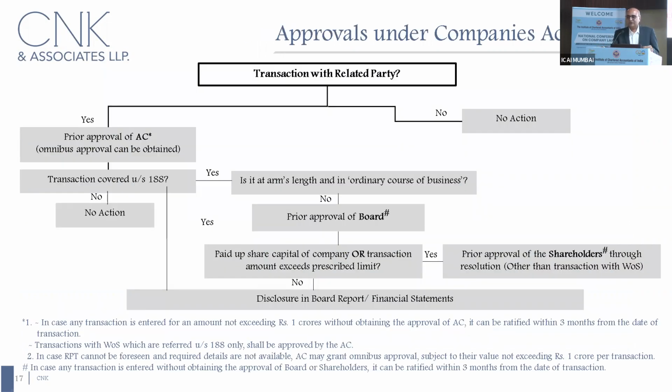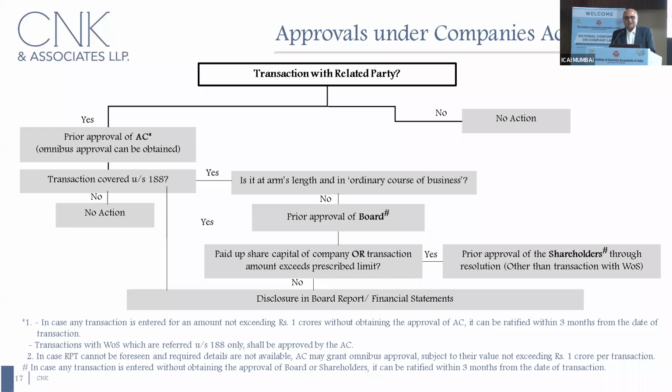But for all approvals under the Companies Act, we have made a tabular thing like this. So is it a transaction with a related party? If that is no, there is no action, which is fine. But if it is yes, you find out whether you need prior approval of the audit committee. Is the transaction covered under section 188, which means below those thresholds which were there, then I don't need to take any action.